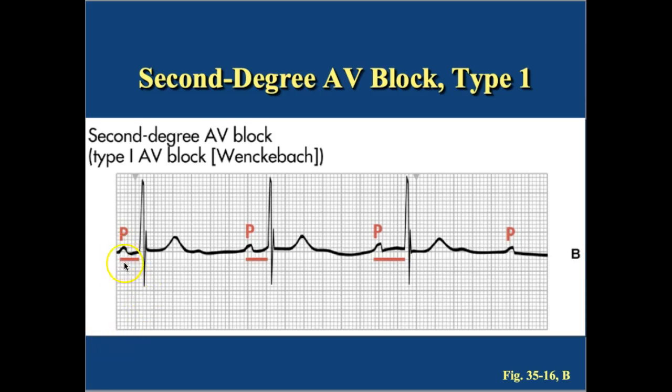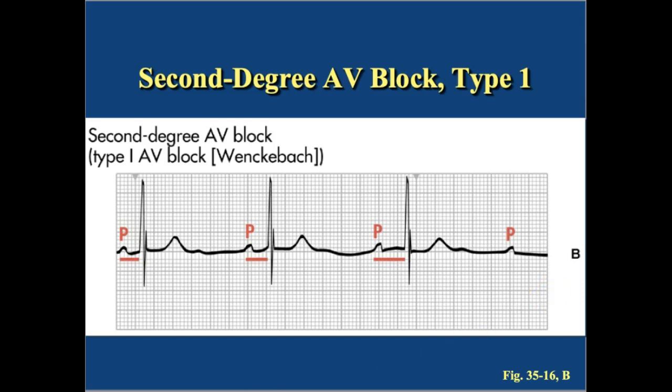If you look here, we've got a QRS. This one's a little bit wider, still have a QRS. This one's even wider, still have a QRS. And this one, if you could see over here, you would see that it dropped the QRS. So your second degree type 1 Wenckebach block, the PR gradually widens until you finally drop your QRS complex.